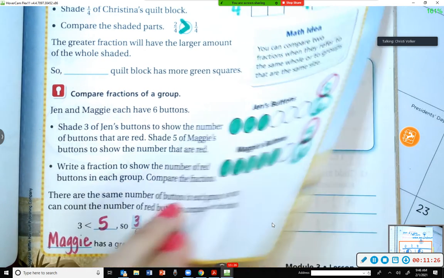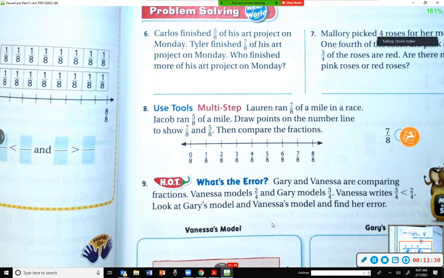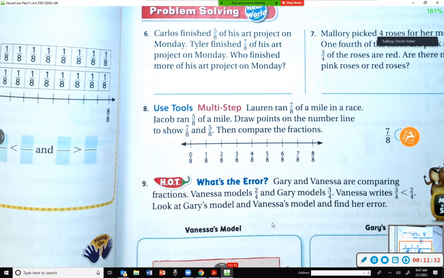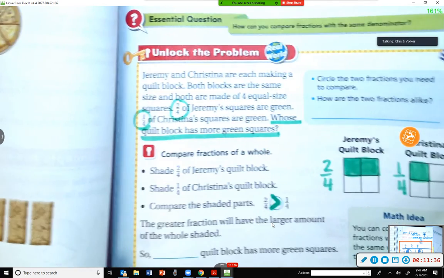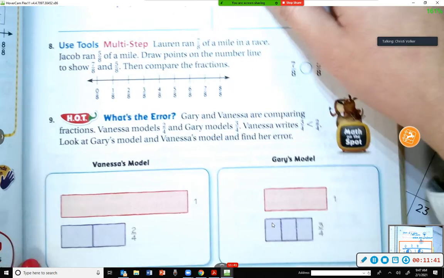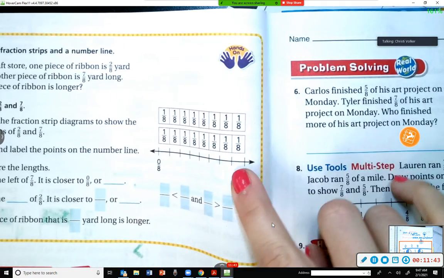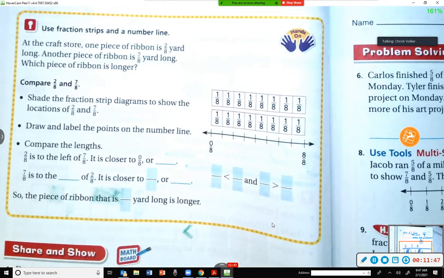Okay, I'll go ahead and flip the page. So we've looked at circles, we've looked at buttons, we've looked at just models like this. Now we're going to look at a number line. How can we tell which fraction is greater on a number line?